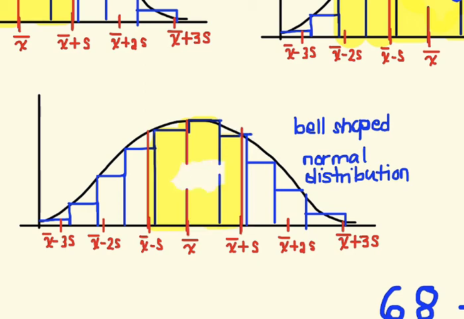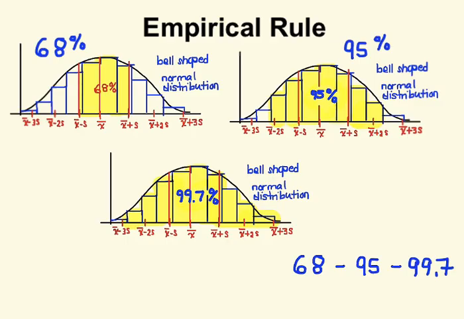And I want to go 3 standard deviations to the left of the average, which brings me to here, and then 3 standard deviations to the right of the average, which brings me over to here. And that is going to give me 99.7% of all my data values in my sample.